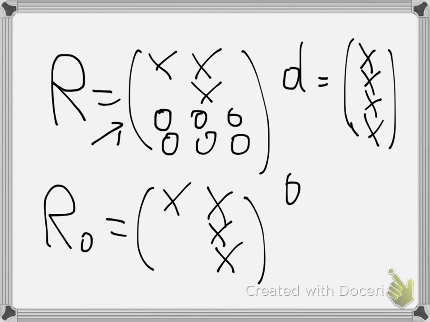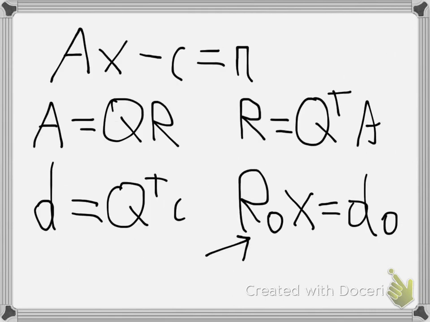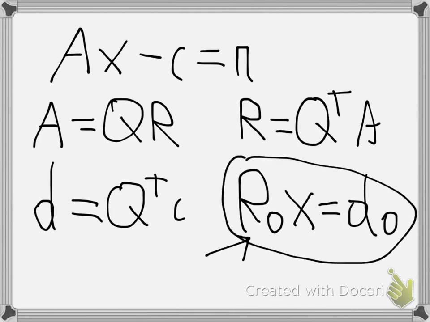Here we will cut basically the last 2 rows, so you will only get two non-zero rows. So it's defined that way. Our goal is to have a matrix R that has only rows that contain at least one non-zero element. And so you can solve for X once you have found D, which is given by Q transpose C.